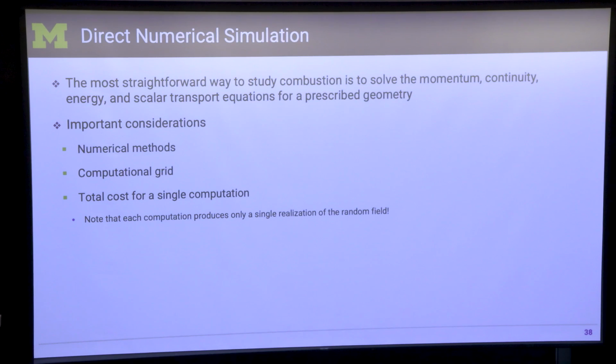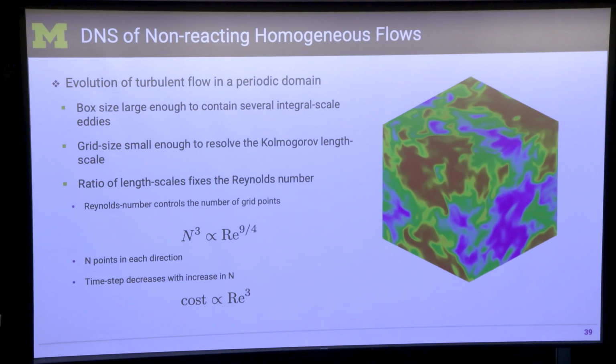If it's a statistically stationary flow, which means that once I simulate for some time, the statistics of the flow do not change, the mean temperature, the mean velocity, they do not change, then this single realization doesn't matter because I can time average it and they will all look the same. So DNS is solving those equations directly on a computer, most likely a supercomputer.